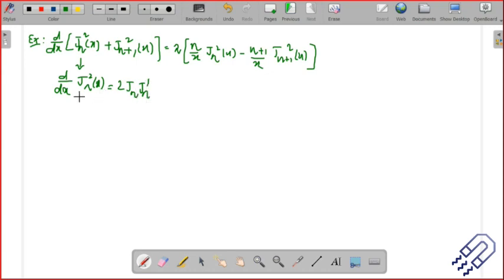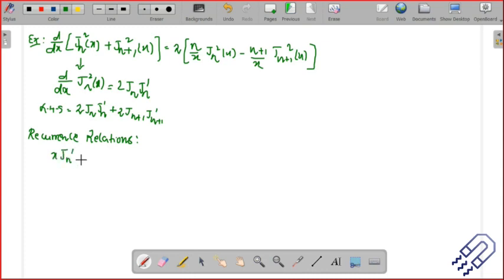Let's try doing this, it should not be very complicated. So just take this x Jn dash. Obviously we have to take Jn dash, and we have taken it with x, so it is n Jn minus x J n plus 1. But I don't need x Jn dash, I need only Jn dash.